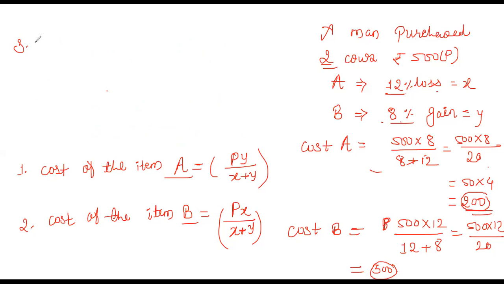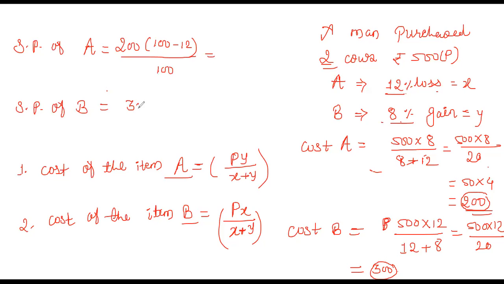So right here, the selling price of A is for the first cow. When we sold the first cow, it was at a 12% loss. Okay, and the actual price of it is 200. So when we sold it, we sold it from 200. So 200 into 100 minus 12 divided by 100, which is equal to, and the selling price of B, the second cow, is equal to 300 into 100 plus 8, because here 8% is gain.